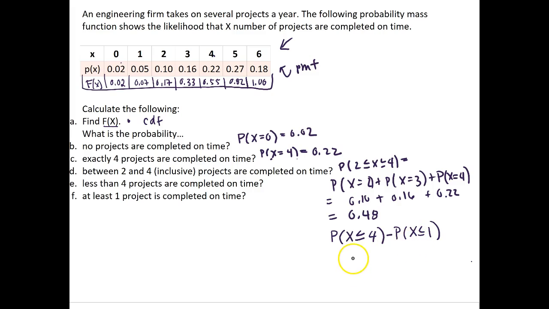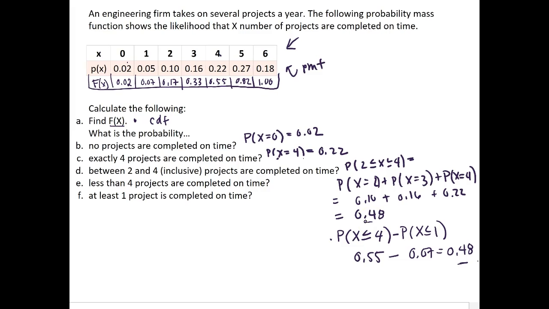Now we can use the CDF. The probability that x is less than or equal to 4 is 0.55, minus the probability that x is less than or equal to 1, which is 0.07, and this is equal to 0.48. So if we know how to manipulate the probabilities, then we can use the CDF and have a slightly quicker calculation for D.